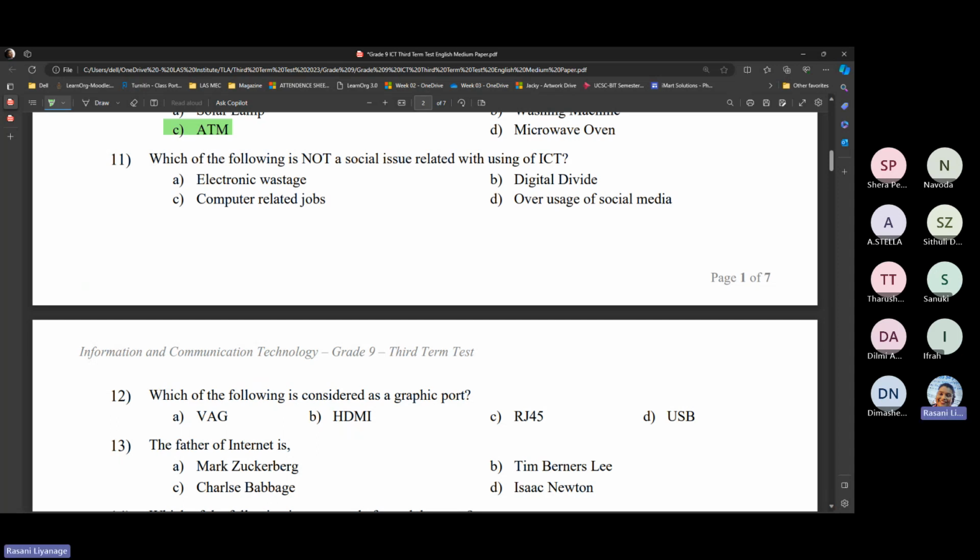Hmm. 11. What is it? That's something controversial. For the first time, a question that is not non-technical.